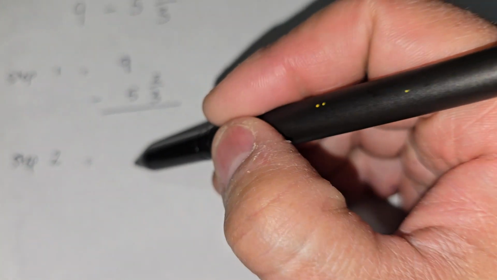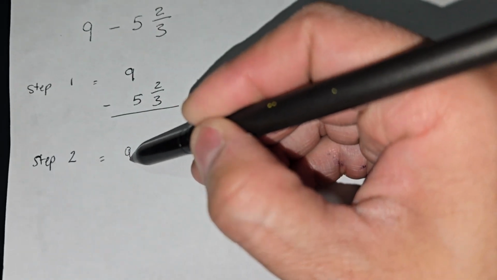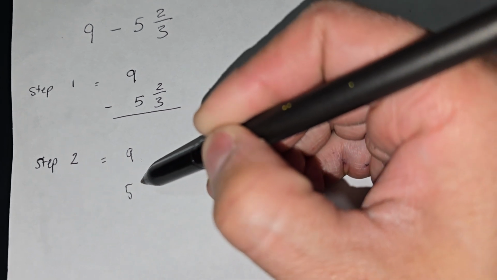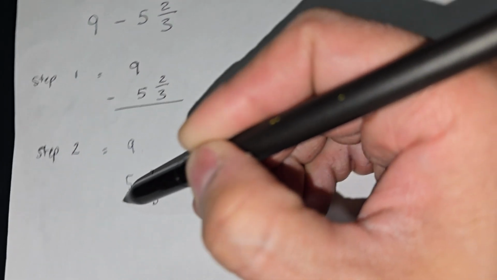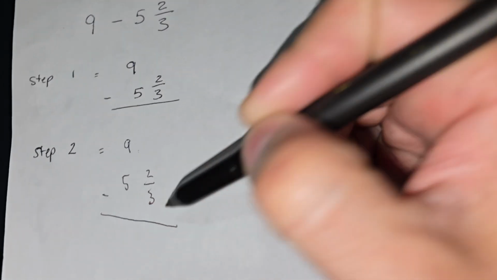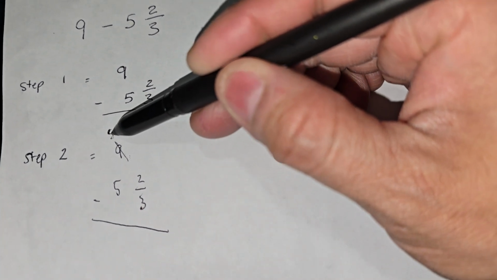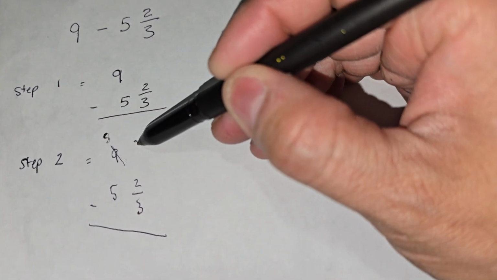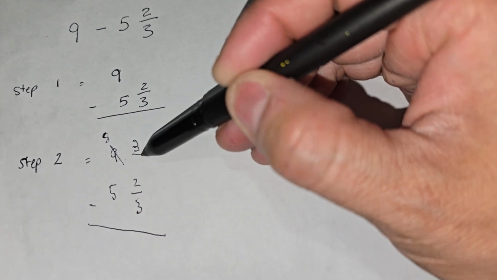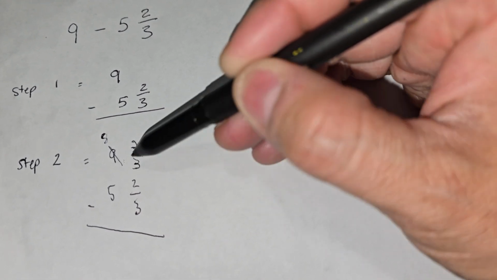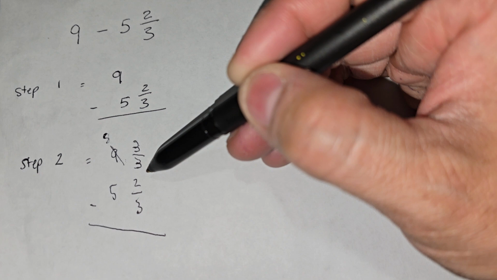So let's borrow from this 9. Okay, so let's do that. So 9 becomes an 8, and we'll write the one that we borrowed as 3/3.